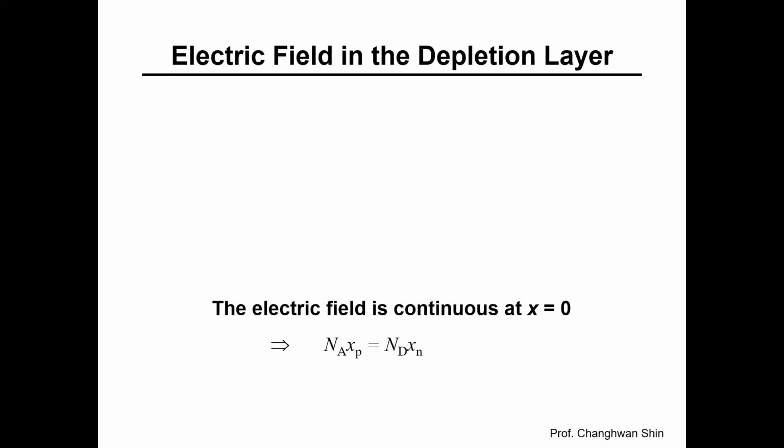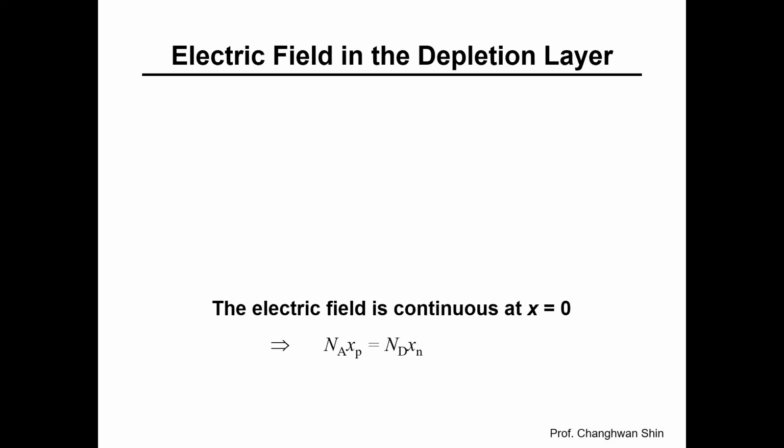So now let's take a look at the electric field in the depletion layer. A critical constraint in our analysis is that the electric field must be continuous at x equals 0, the metallurgical junction. This physical requirement leads to an important relationship between the depletion width and doping concentrations.